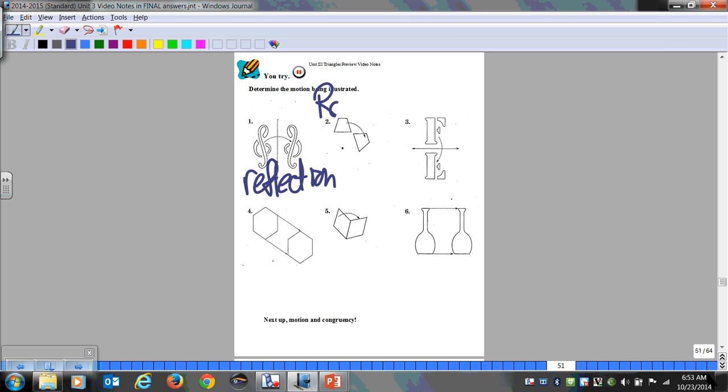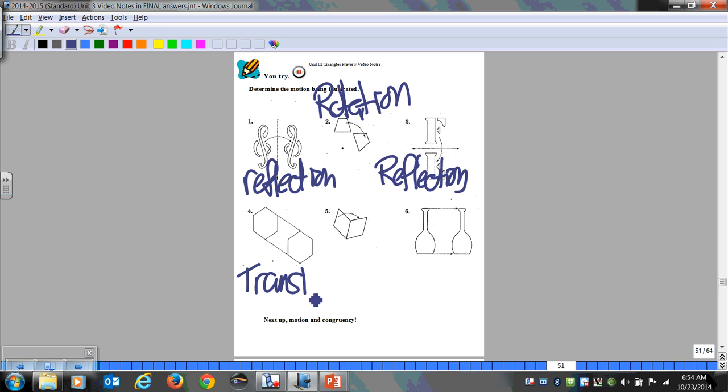Number 2 is a rotation. Number 3 is a reflection. Number 4 is just a slide, so that's called a translation. Number 5 is a reflection.